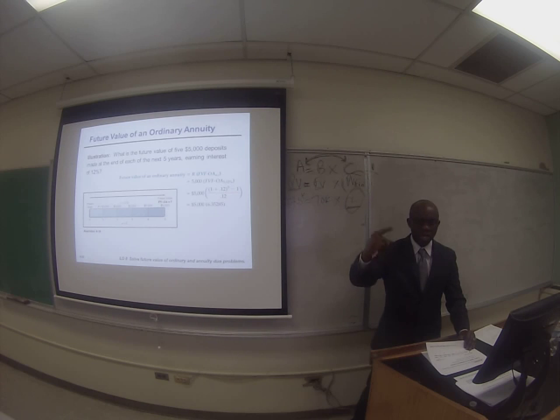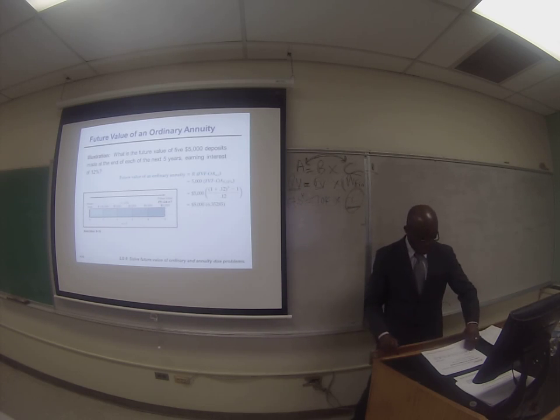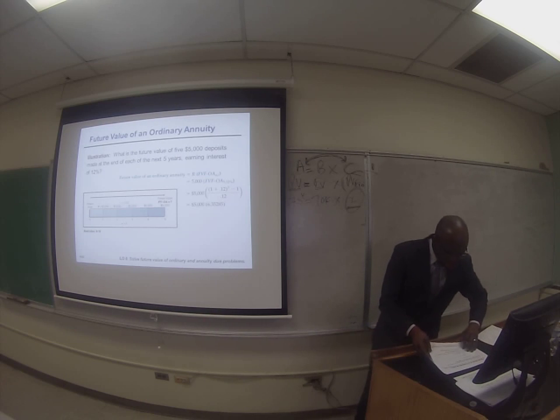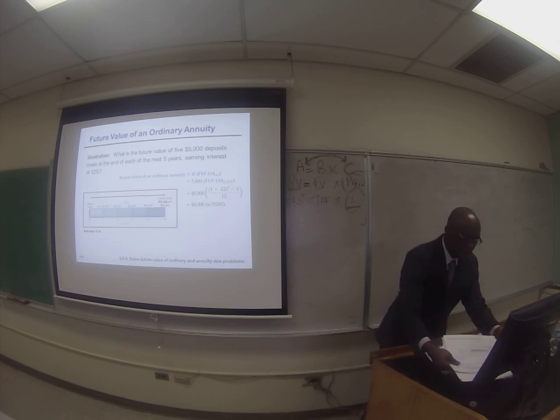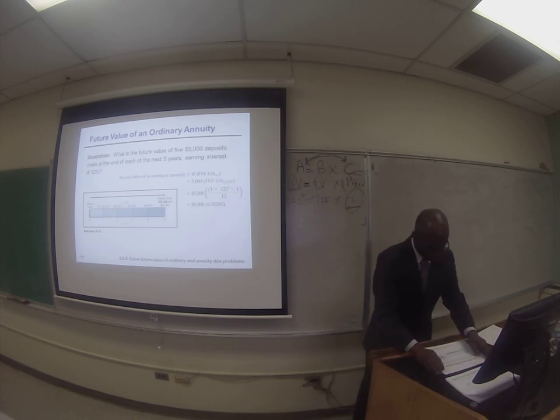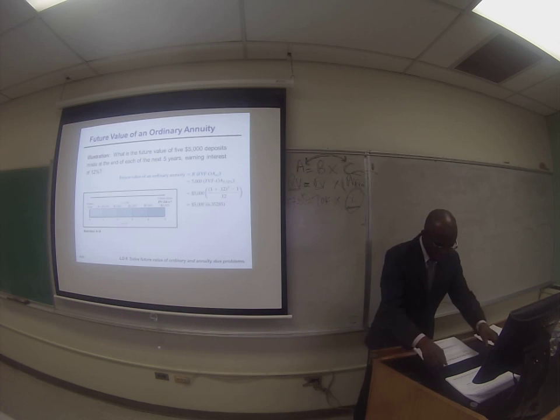The interval, every year for 5 years, is the same. So this is annuity. Now, the first payment is made at the end of the first year. So this is ordinary annuity. So how do we calculate the future value? That is the question.